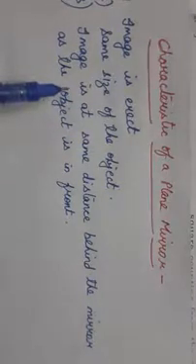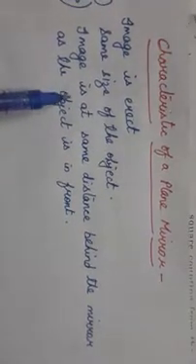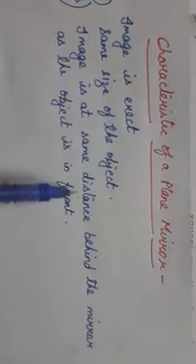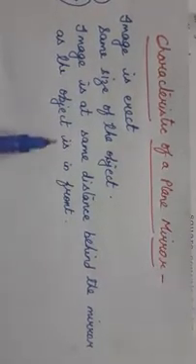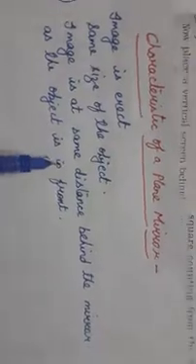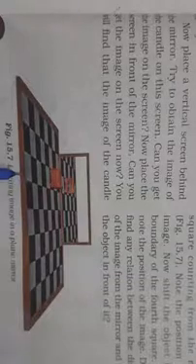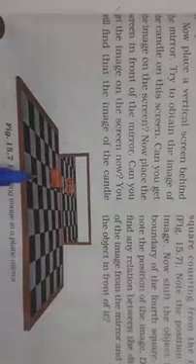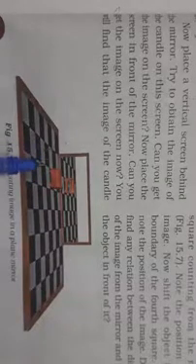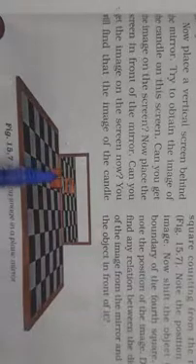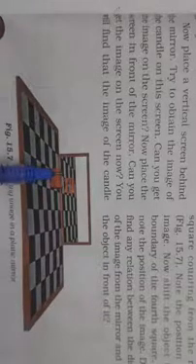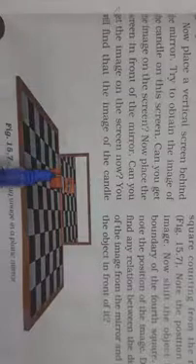Then the third characteristic is that the image is at the same distance behind the mirror as the object is in front. I had given you that example, isn't it, that if you keep the sharpener on a chessboard, the image formed will be at the same distance. If you have placed the sharpener 3 squares from the left, the image of the sharpener will also be 3 squares from the other side, the right side.